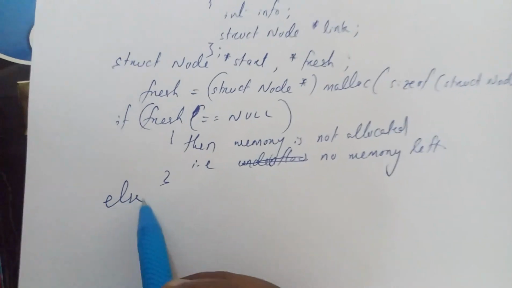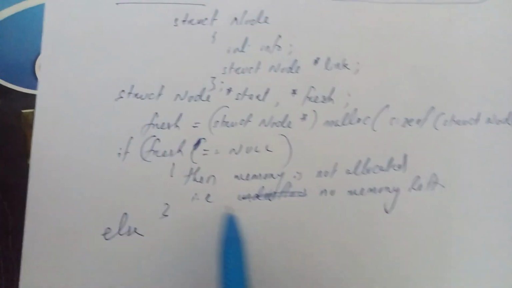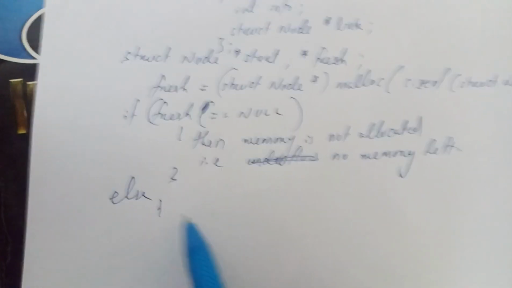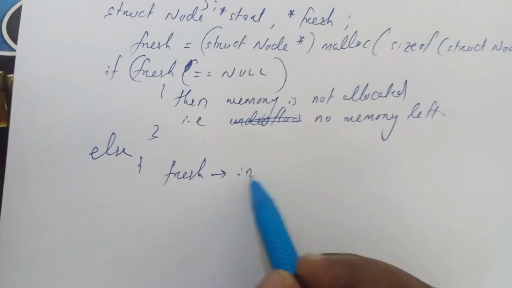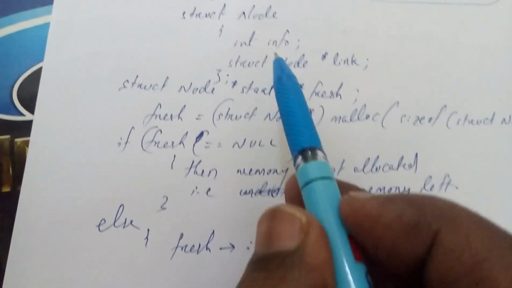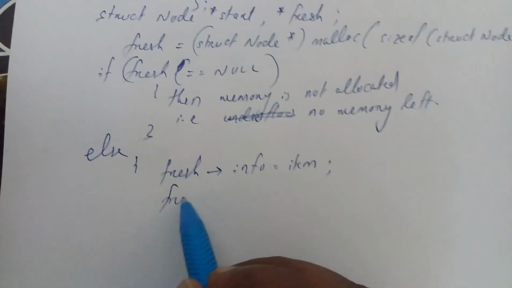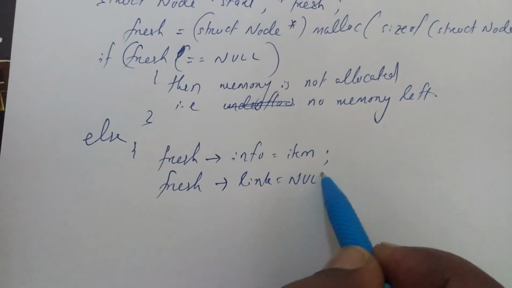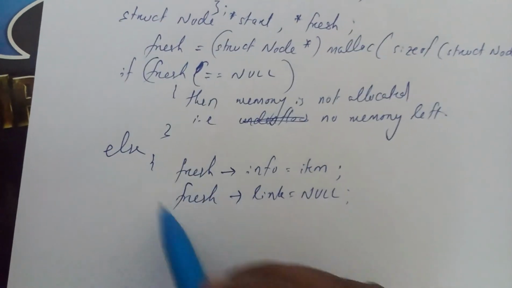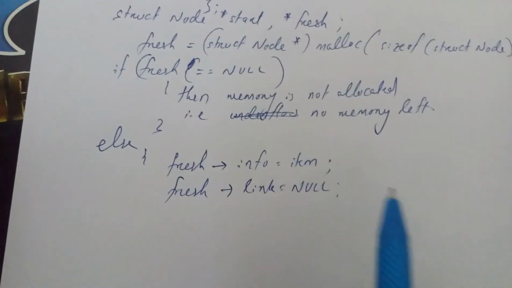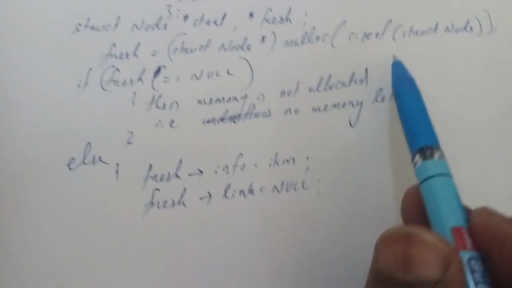If fresh equals null, memory is not allocated, that means the node is not created. Else the node is created and you have to give the values to the node. Fresh info equals whatever item you want to give, an integer value or whatever value, and fresh link equals null. Now this is the fresh pointer holding the address of the newly created node.